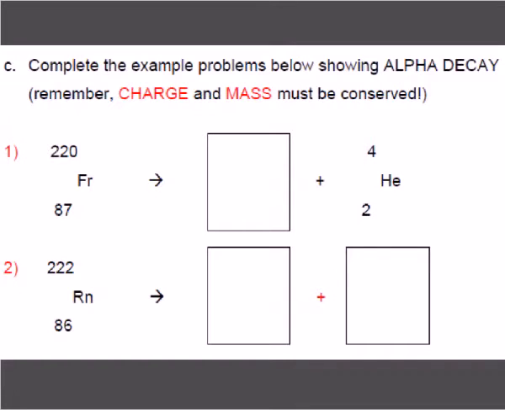Here we go. This is the type of problem that you're going to see on your test. We got to make sure that the charge and mass is conserved on both sides.